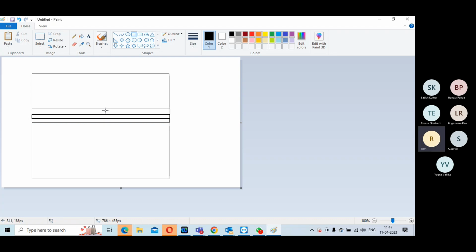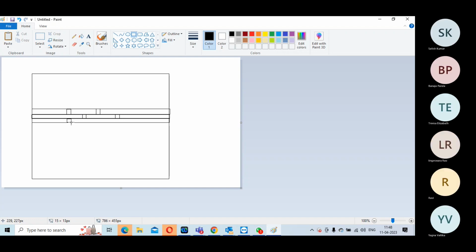Now, if I'm placing tap cells, the best way to keep the minimum number of tap cells is to place them exactly below this, in alternate rows only.